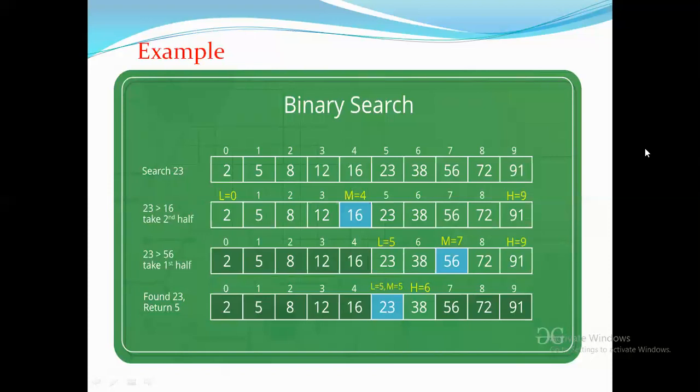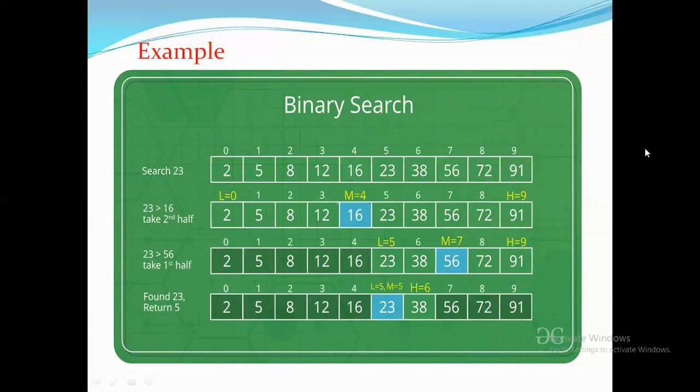First, calculate the middle position: low plus high by 2. Low is the 0th position and high is the last position, so 0 plus 9 is 9, 9 by 2 gives 4, not 4.5. The fourth position element is 16, and the key is 23.